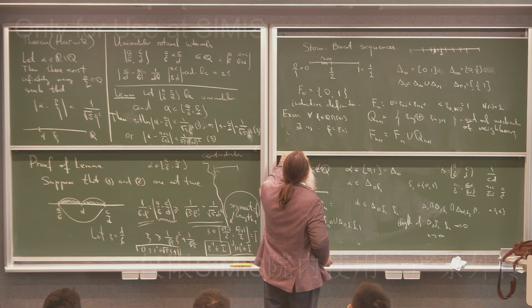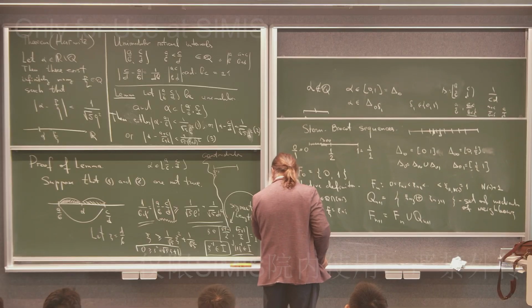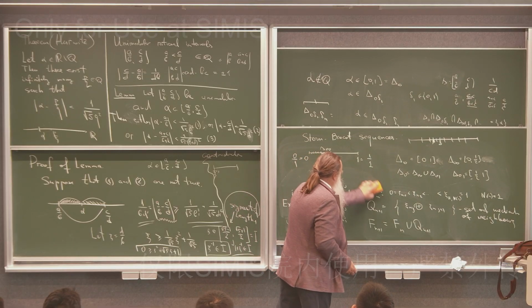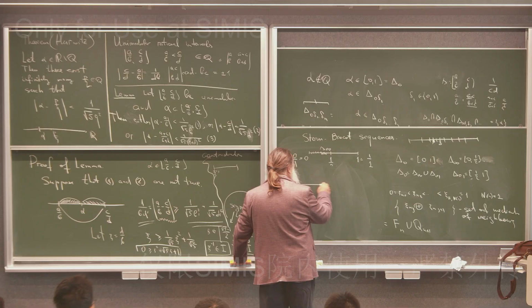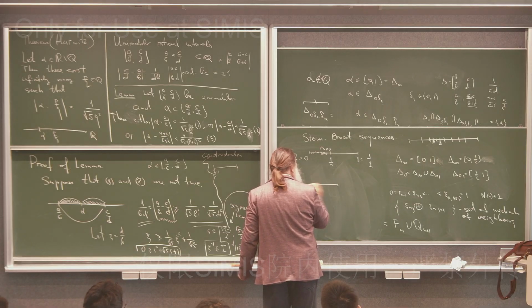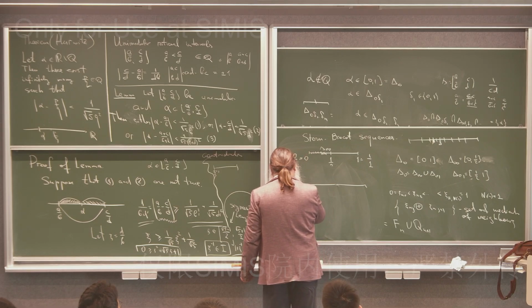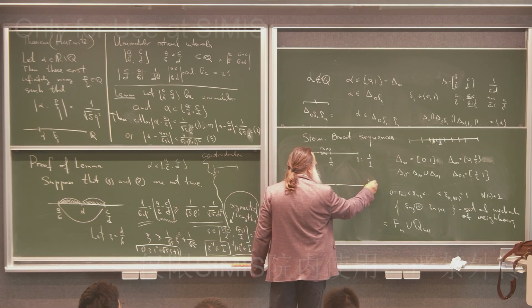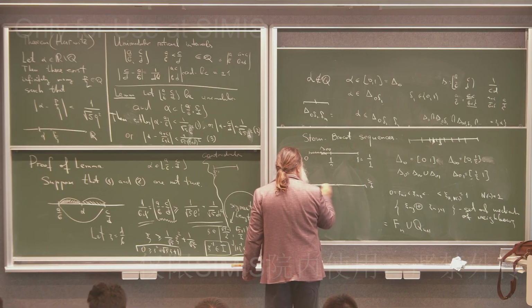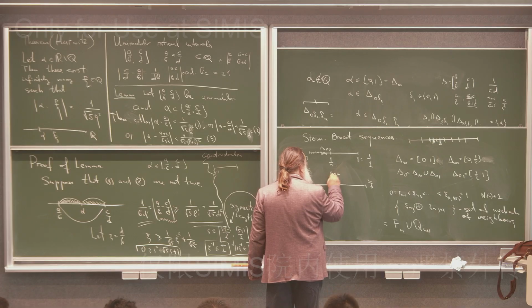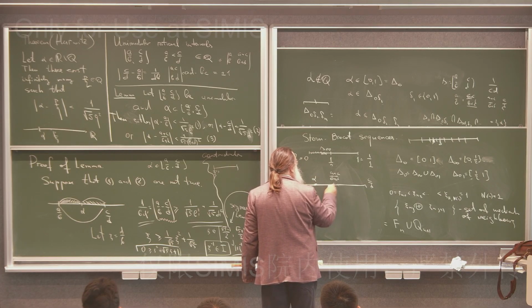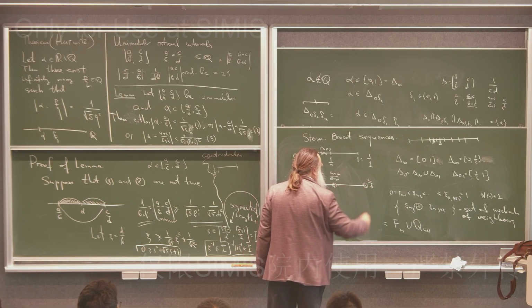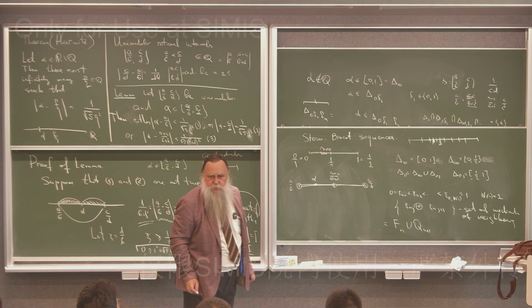Here is the interval, A, B, C, D, okay? And here is the median. Alpha is somewhere here. So either this point or this point or this point gives a good approximation.